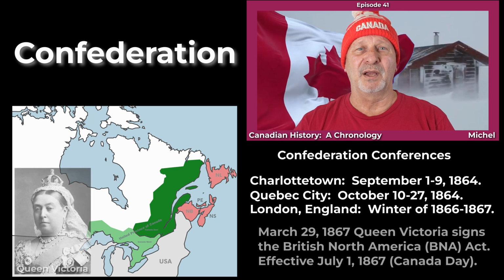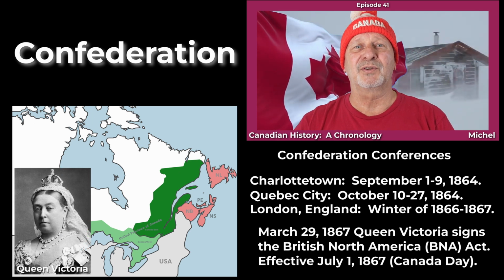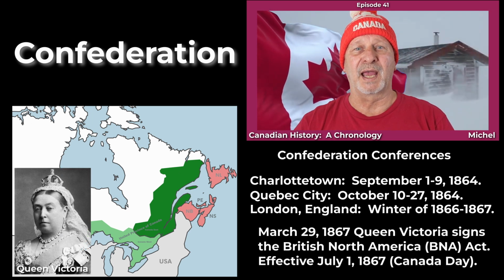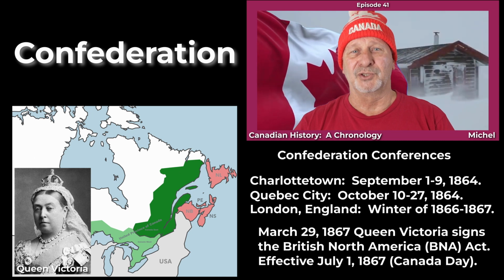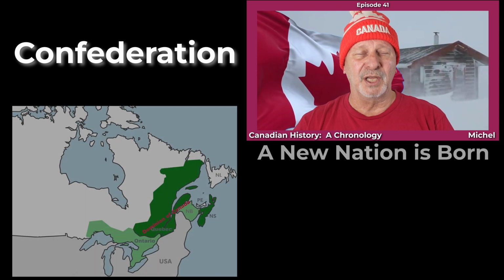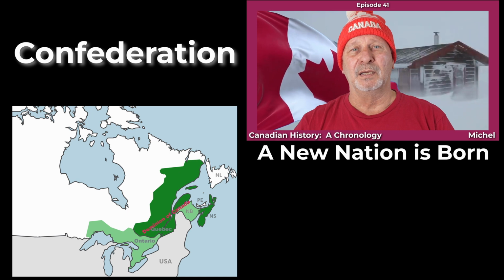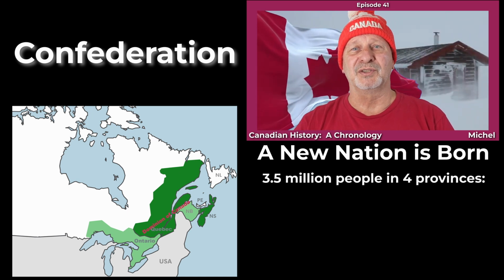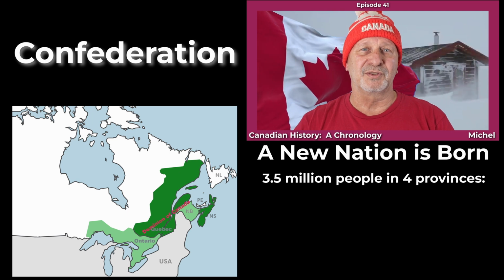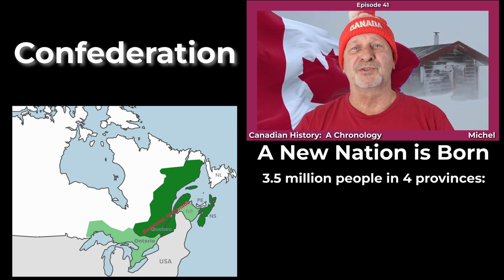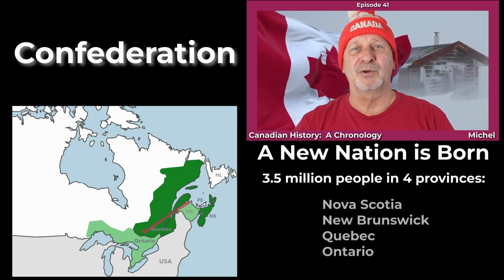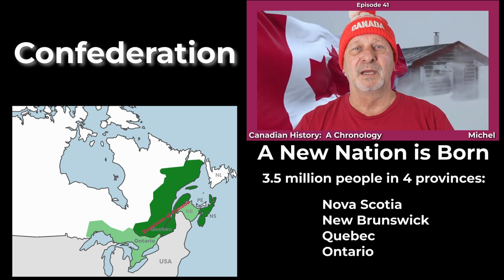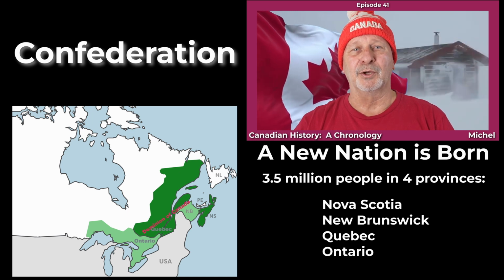And so on March 29, 1867, Queen Victoria signed the British North America Act, making it effective July 1st. A new nation was born, Canada, consisting of 3.5 million people and 4 provinces. The original provinces, the so-called charter members of Confederation, were Nova Scotia, New Brunswick, Quebec, and Ontario.